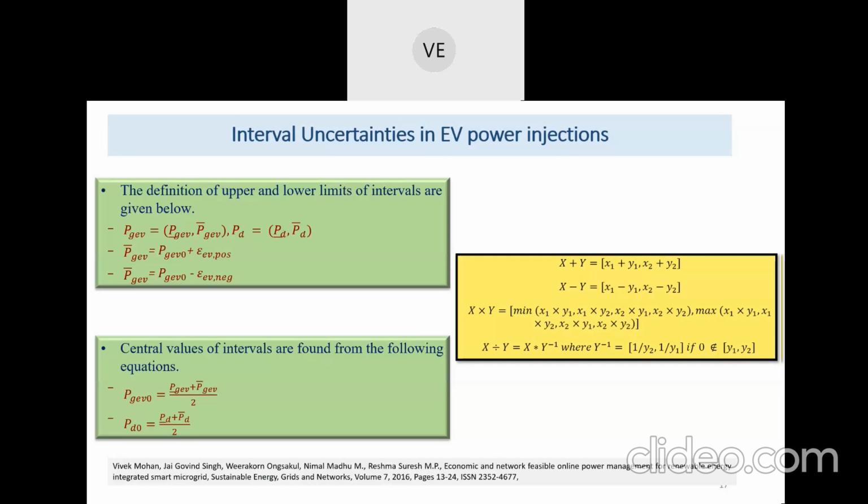Okay. Interval uncertainties in EV power injections. How will you incorporate interval uncertainties into power injections while executing load flow? You see here the definition of upper and lower limits of intervals is given below.